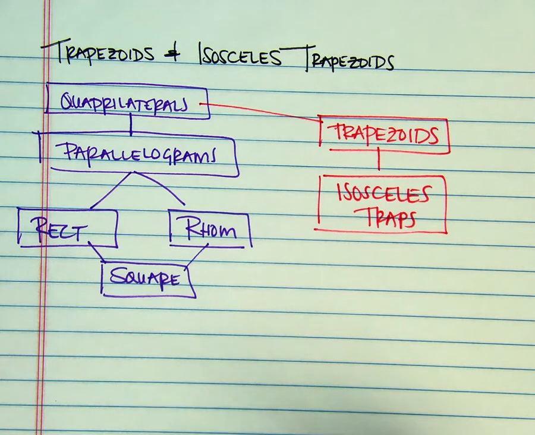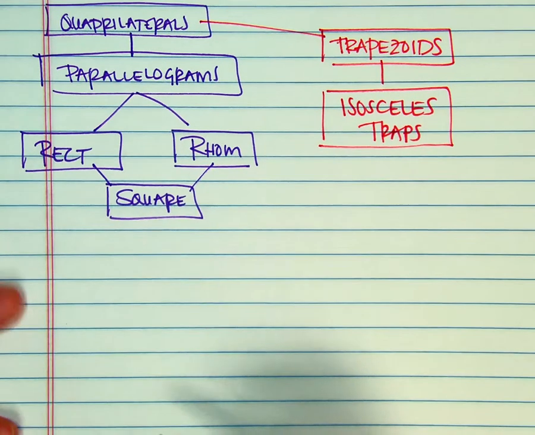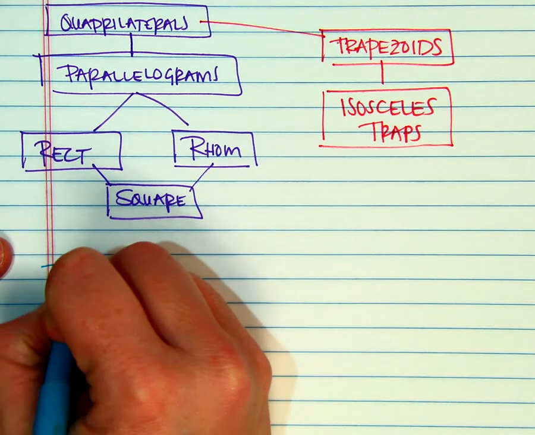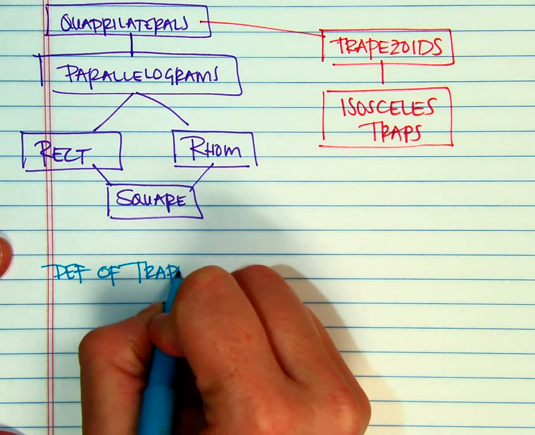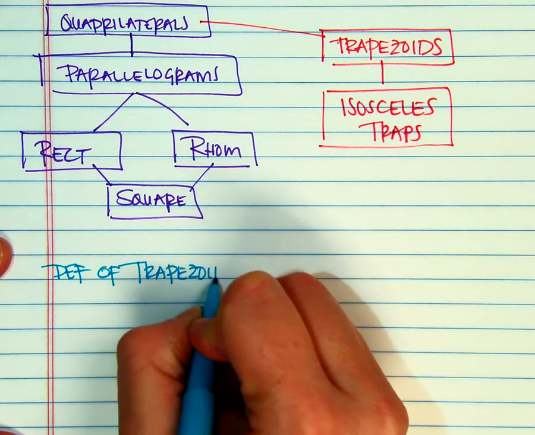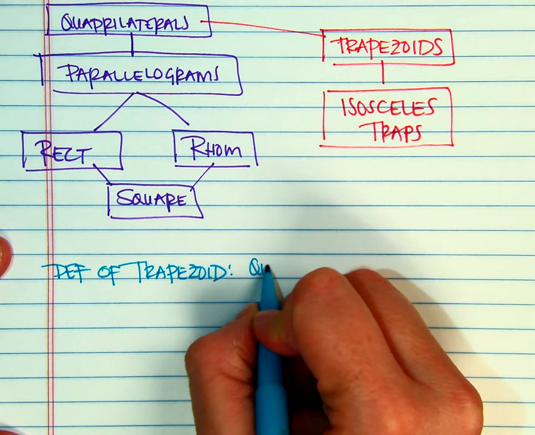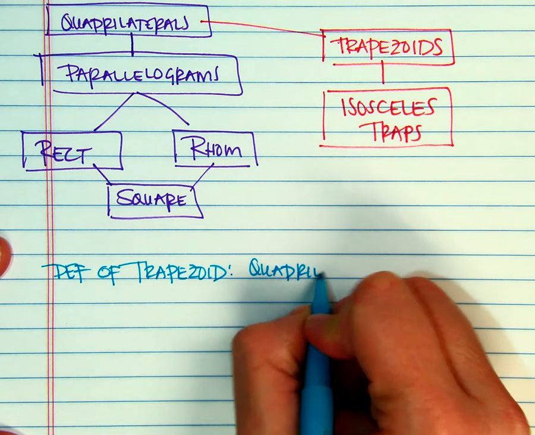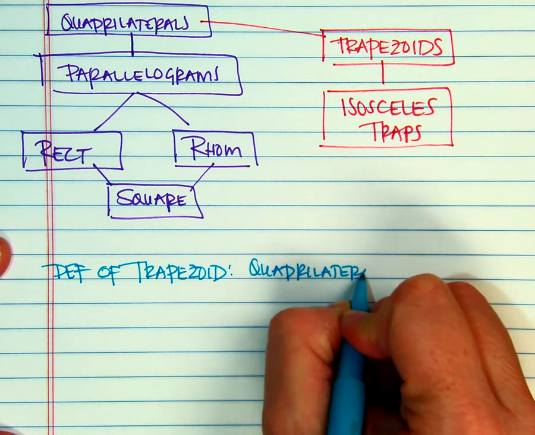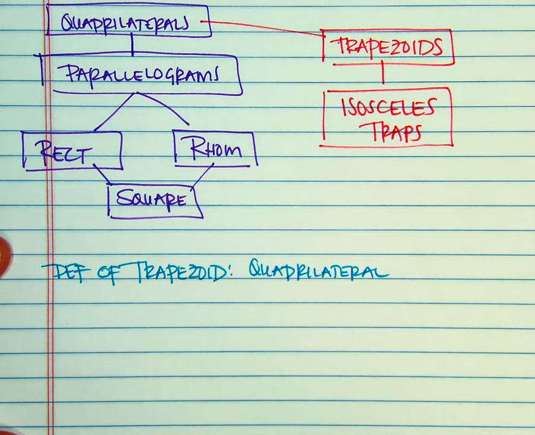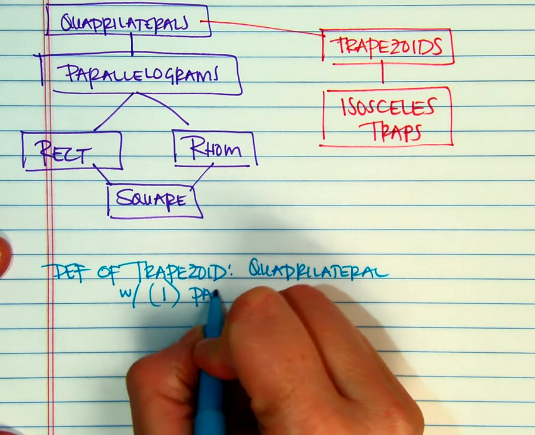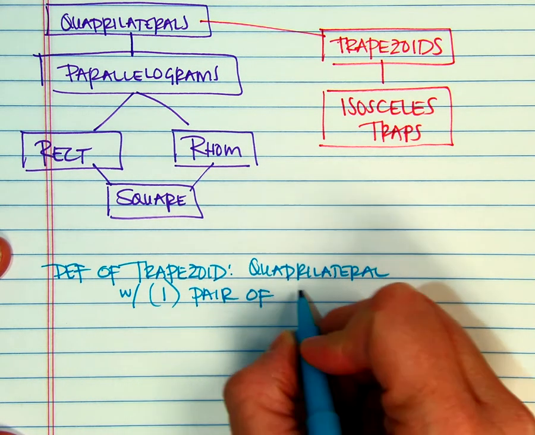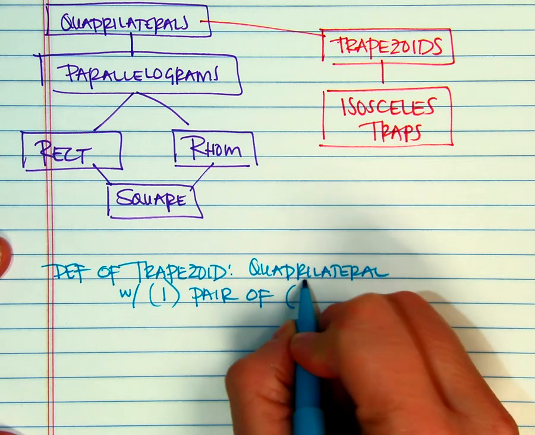So the definition of a trapezoid, or what a trapezoid is: it is a quadrilateral with one pair of parallel sides.